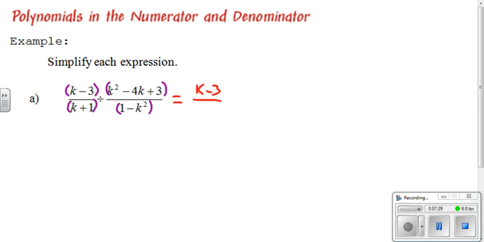So k minus 3, k plus 1, times, instead of divided by, our 1 minus k squared on top, k squared minus 4k plus 3 on bottom. Okay? Now from here, we'll just break it down into those factors.